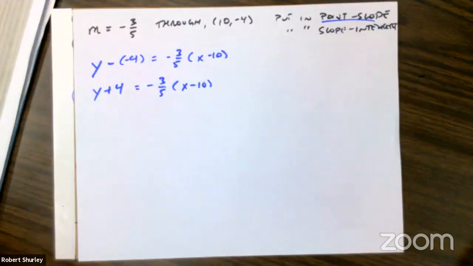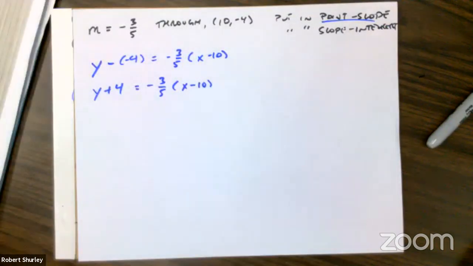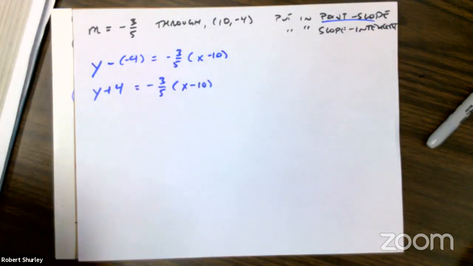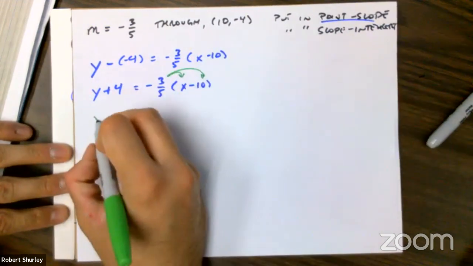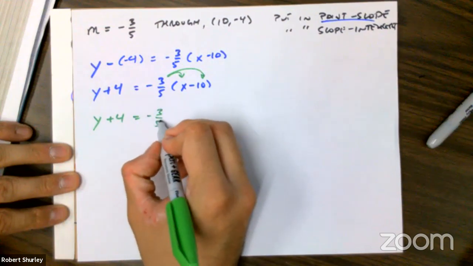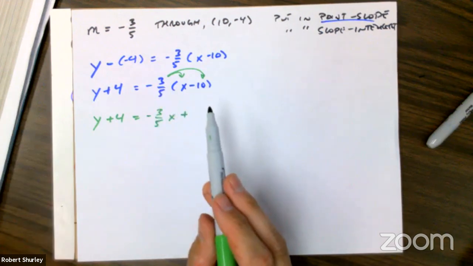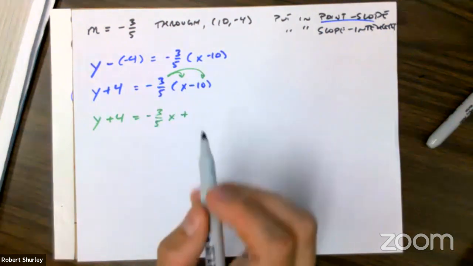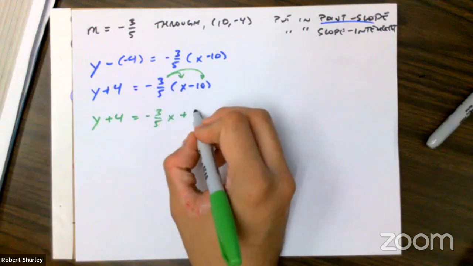So now let's switch this to, what kind of color do we want to do? Let's do green. I've got to distribute the negative 3/5 through. So I get y plus 4 equals negative 3/5 x. Do negatives make a positive? 10 times 3/5 would just be 6, because that's 30 divided by 5.